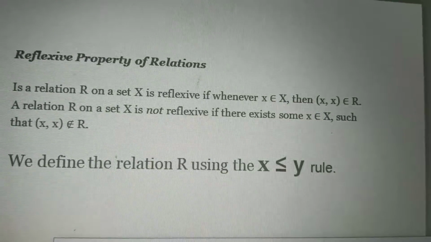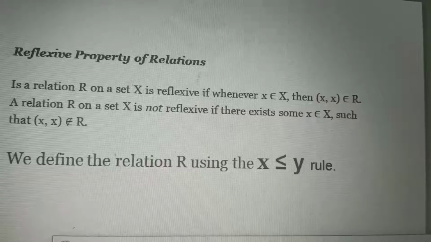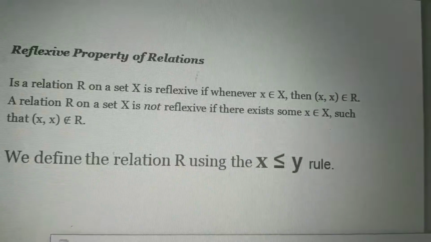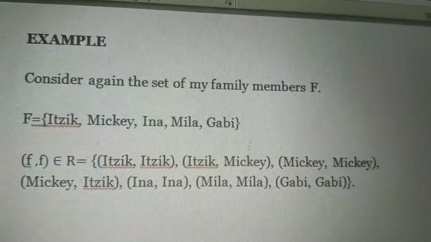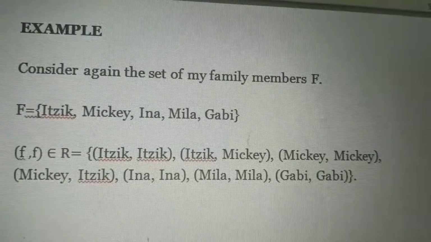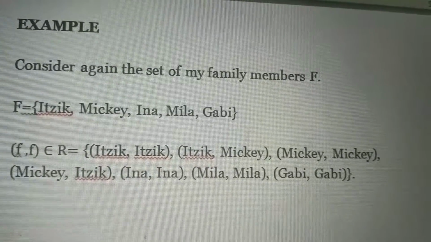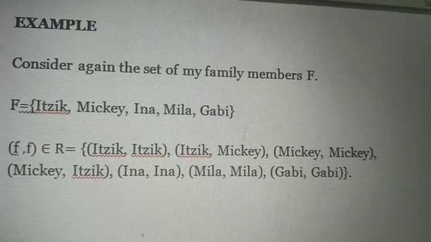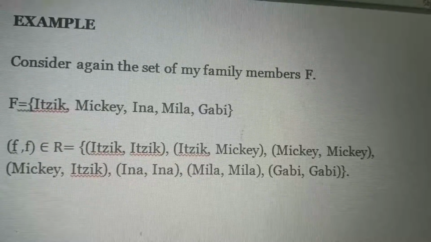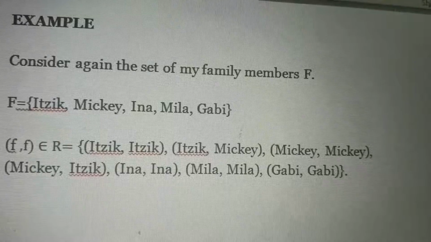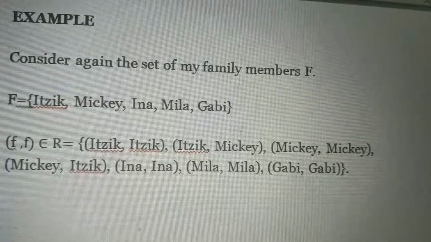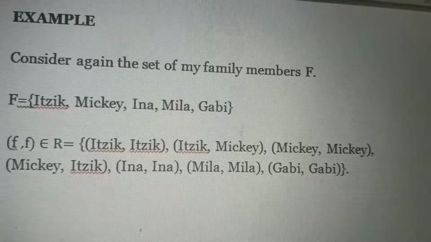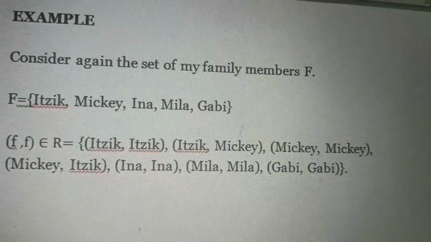We should follow the rule of reflexive, wherein x should be less than or equal to y. One example here: consider again the set of my family members as F. Sabi dito, F is the variable that is used, and ang laman ng F natin ay Cedrick, Mickey, Hina, Mila at Gavin.